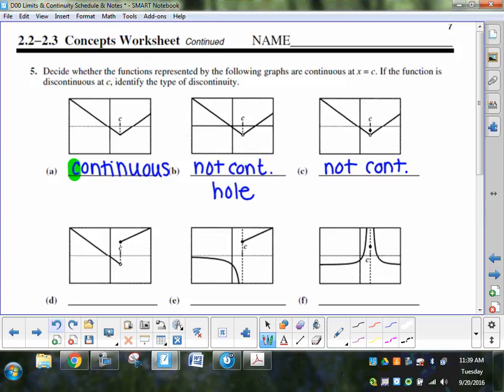Now, what type of discontinuity do we have? What do you want to say? Yeah, it's got a discontinuity at a point. This is what we'll call a removable discontinuity. If there wasn't a value there, it's possible to redefine this such that you plug that point in.